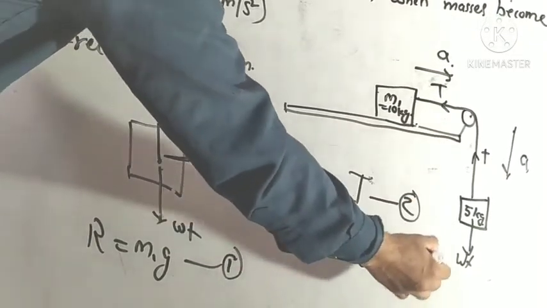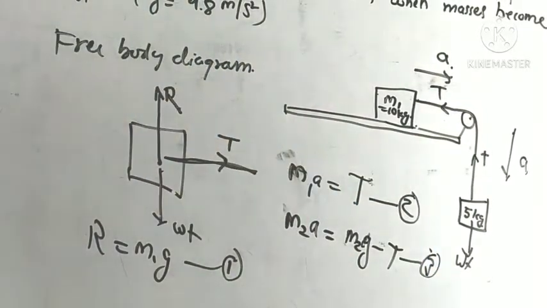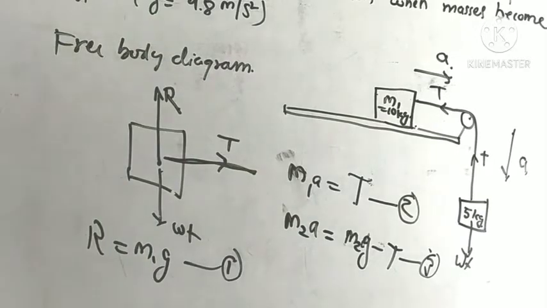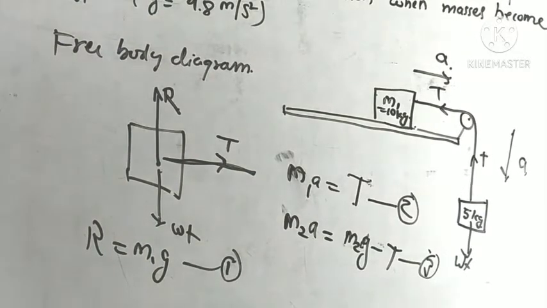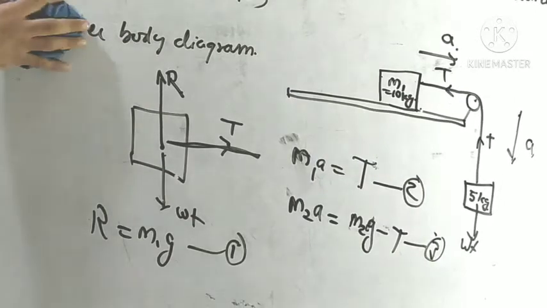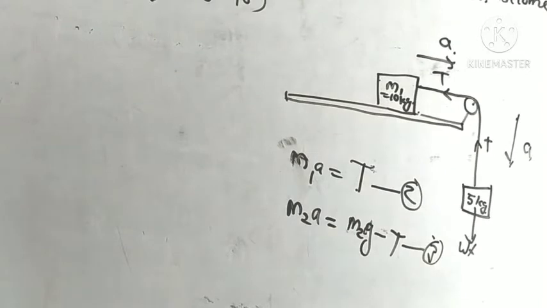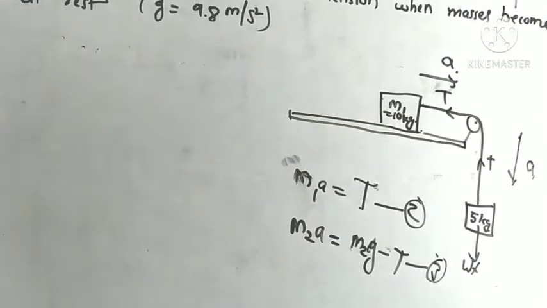This is equation number 3. Now we have to find the acceleration and tension T in the string, so we use these equations. How many equations do we have? There are 3 equations.